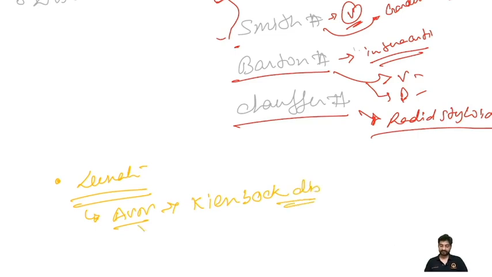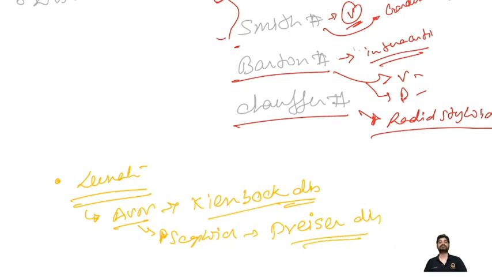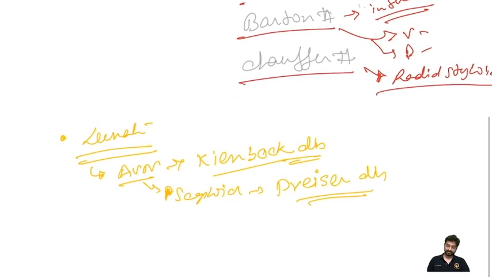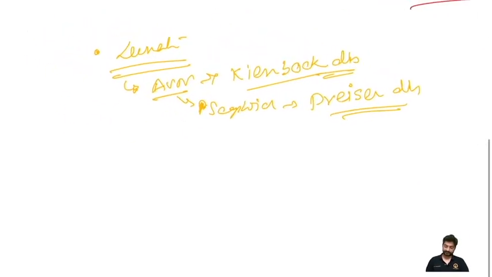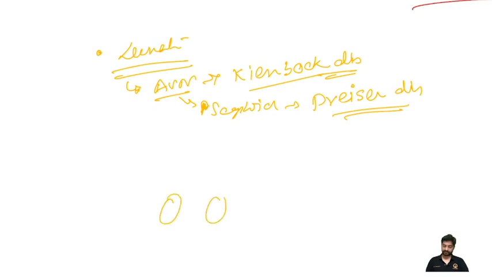Whereas the avascular necrosis of your scaphoid is known as Preiser disease. So Kienbock disease means the examiner is asking regarding lunate, and Preiser disease means the examiner is asking regarding scaphoid. Similarly, if you can draw this scaphoid, lunate, triquetral, trapezium.